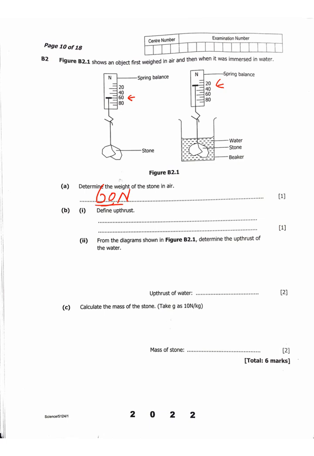So if you place an object in water, there will be a force produced by water against the weight of that object. So the upthrust moves against the gravity, and that upthrust is produced by a liquid, or sometimes it can be produced by a gas. So we are saying this is the upward force.